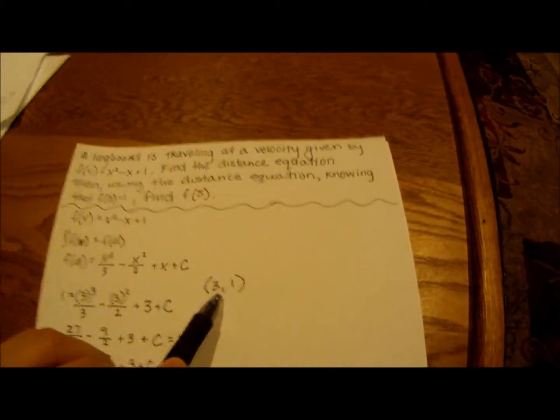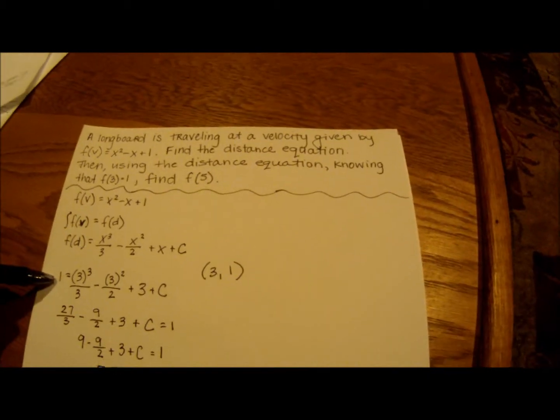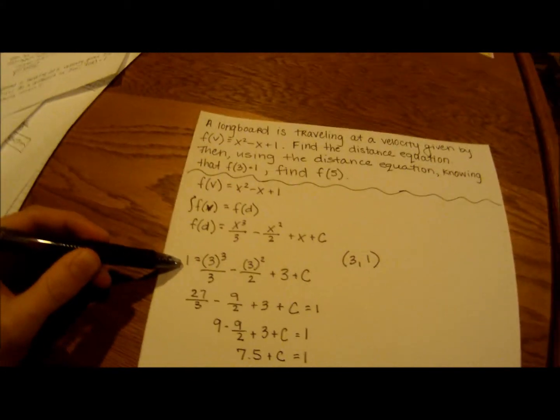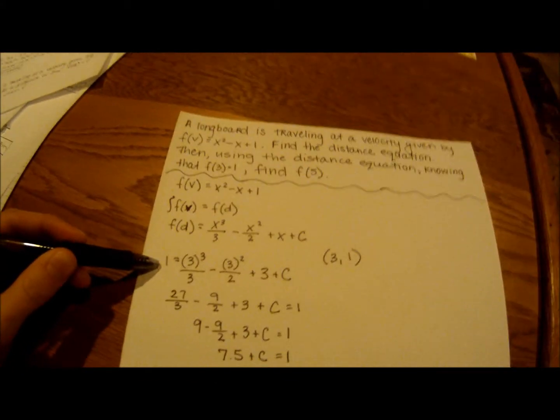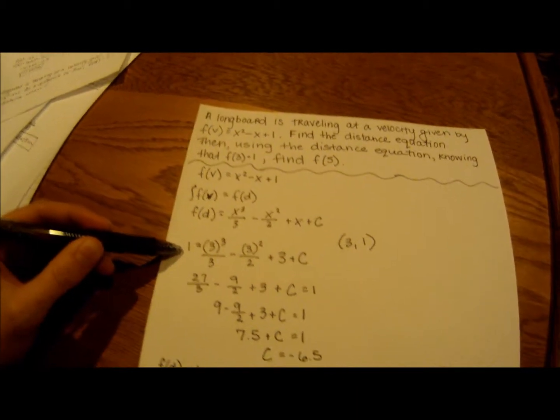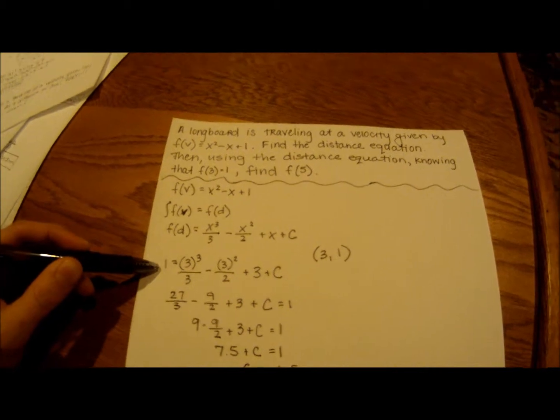We can find c knowing that (3, 1) is the point. So if we plug in 3, 1 into f of d, we get 1 equals 3 to the third power over 3 minus 3 squared over 2 plus 3 plus c.